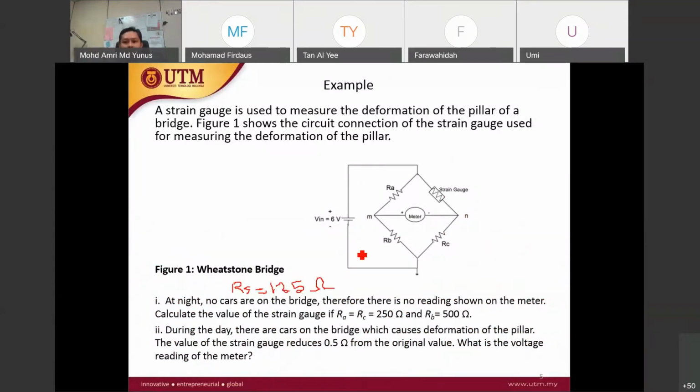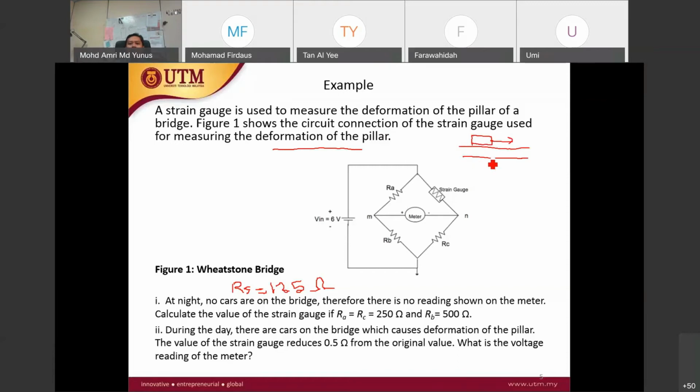Okay, so this is a Wheatstone bridge used to measure the deformation of a pillar of a bridge. It shows the circuit connection to the strain gauge for measuring the deformation of the pillar. So basically, today we have a bridge, and there are large vehicles moving on the bridge, like lorries and cars.